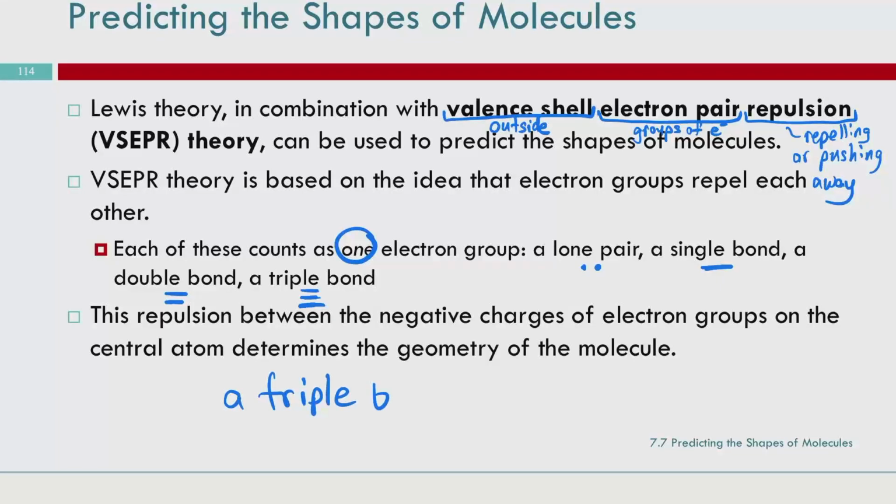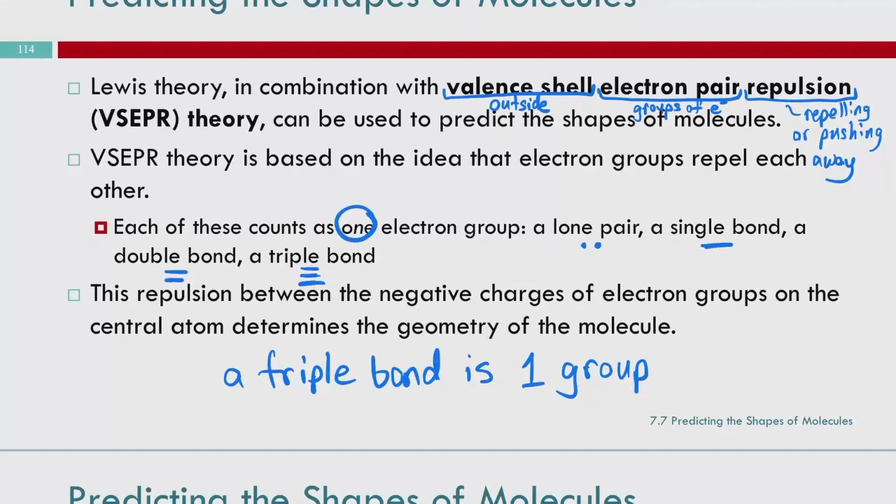A double bond is also one group, a single bond is also one group, a lone pair is also one group. And the repulsion between the negative charges of these groups determines the geometry of the molecule. The groups spread out as much as possible.